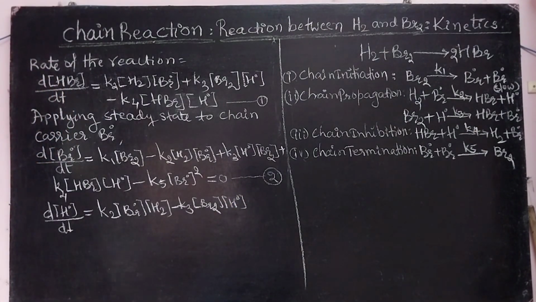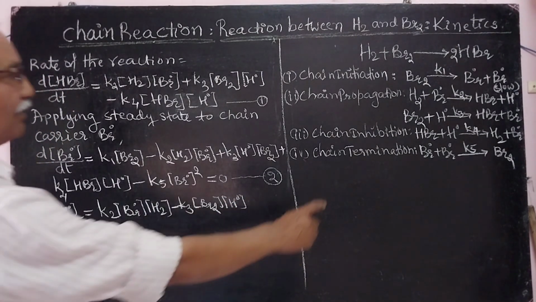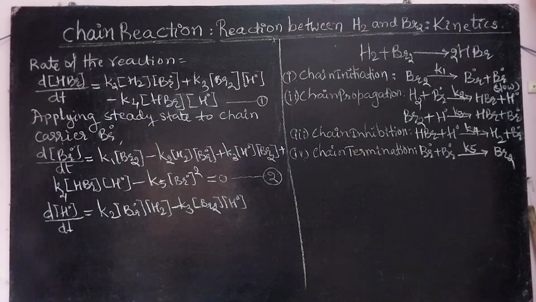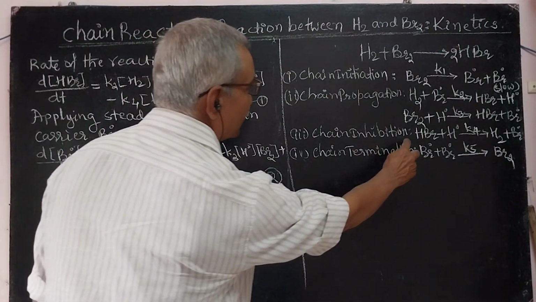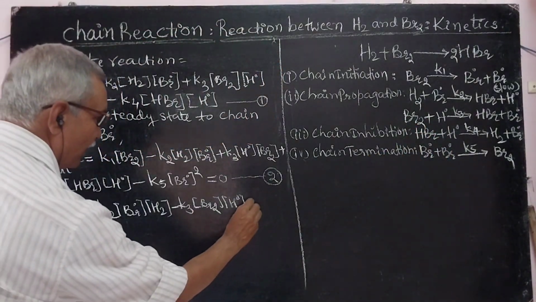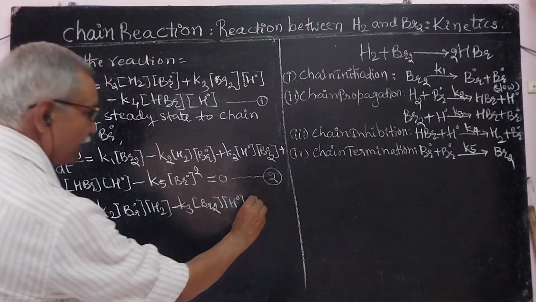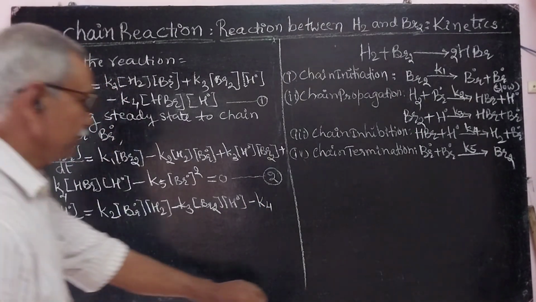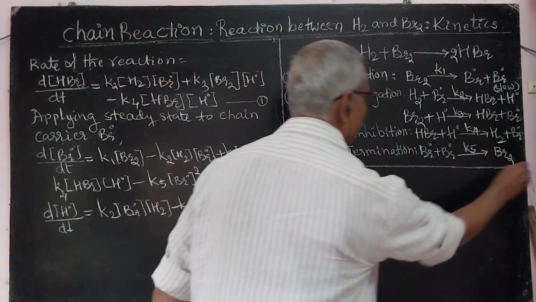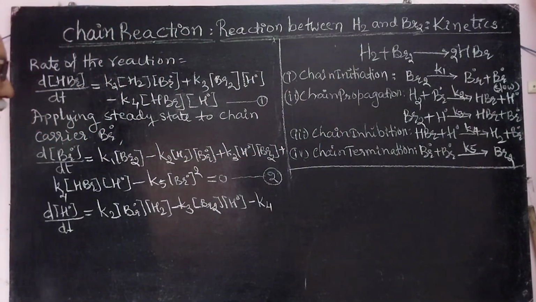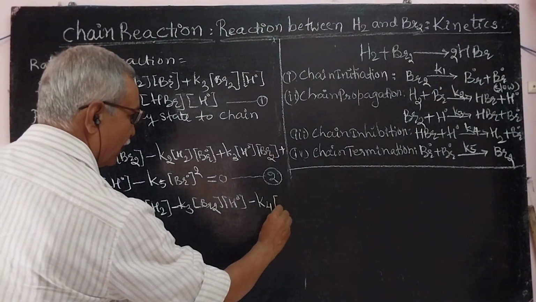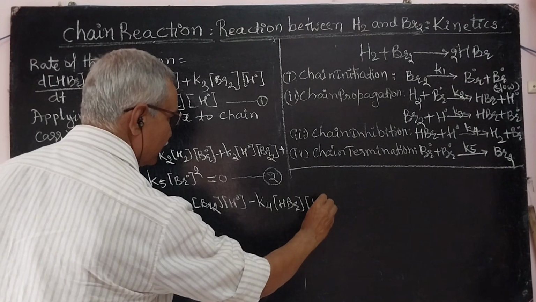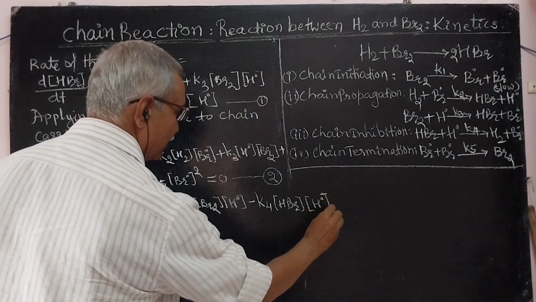Here the H dot is consumed. Okay, H dot is consumed in this reaction, Br2 and H dot. And here also H dot is consumed, minus K4 into HBr into concentration of H dot.